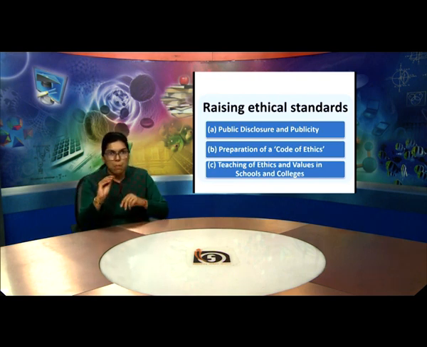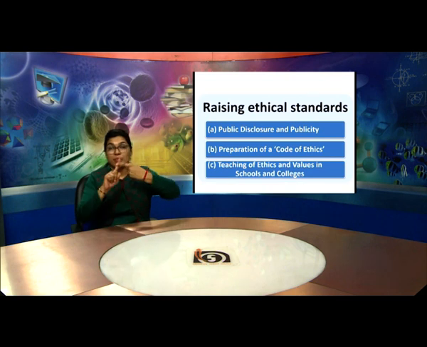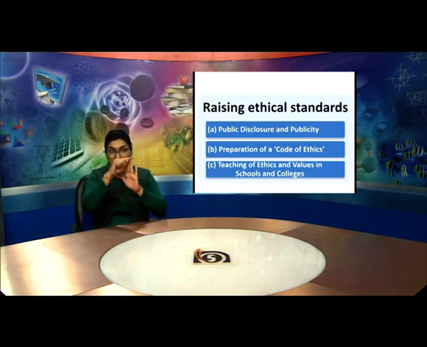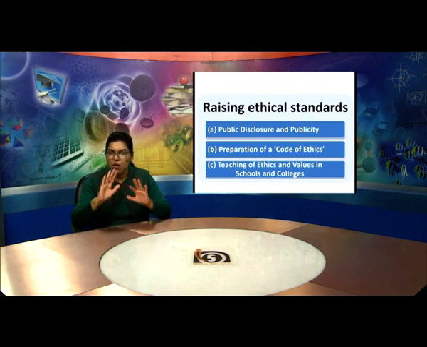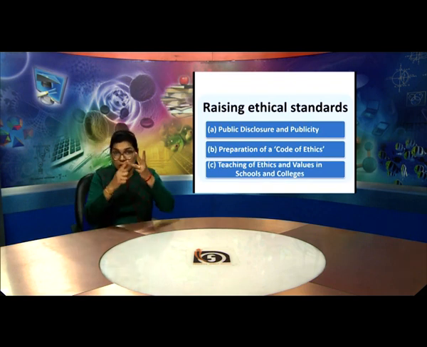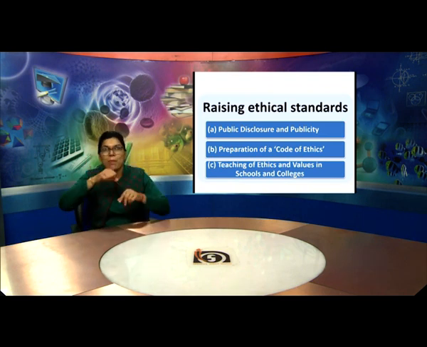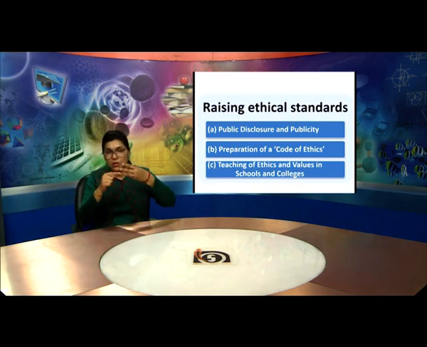And these are some points for raising ethical standards. The first is public disclosure and publicity. The next is preparation of a code of ethics. The third is teaching of ethics and values in schools and colleges. So these are three important points we will discuss.